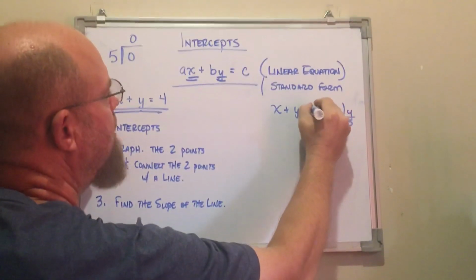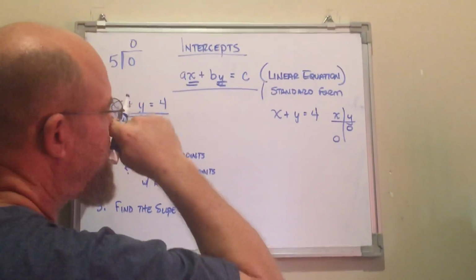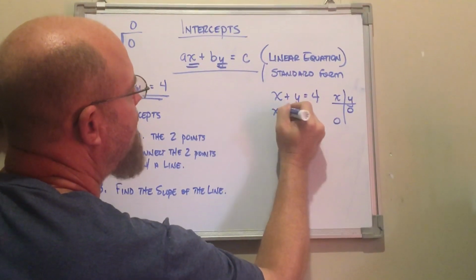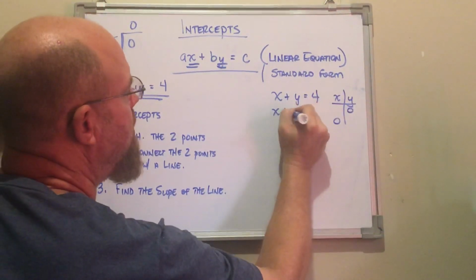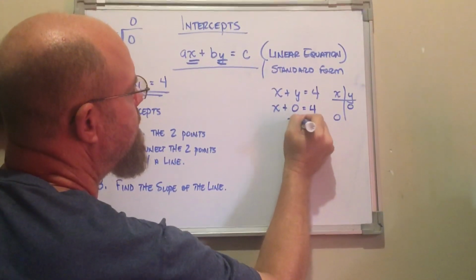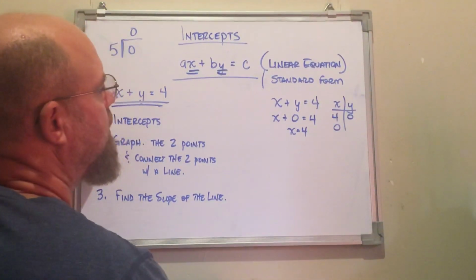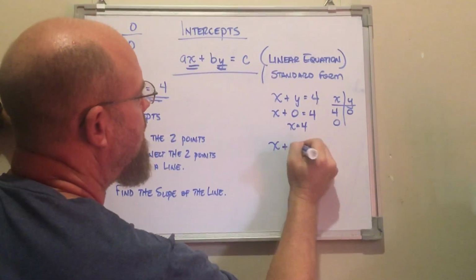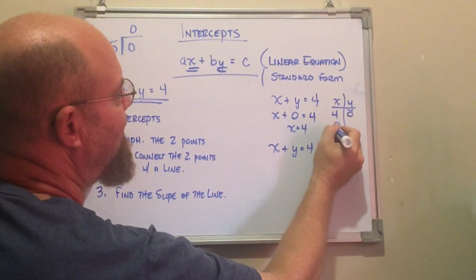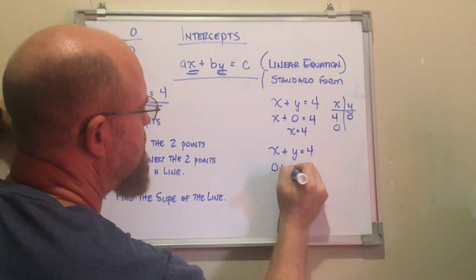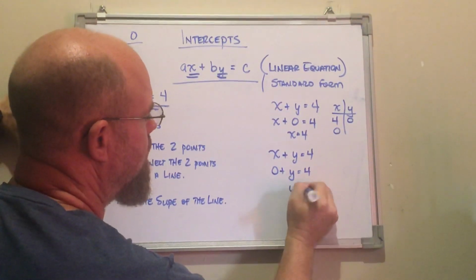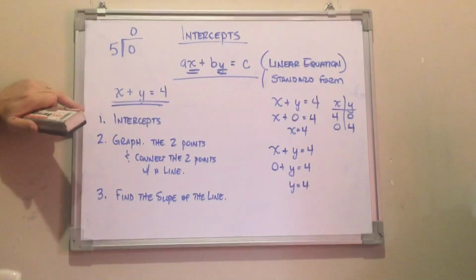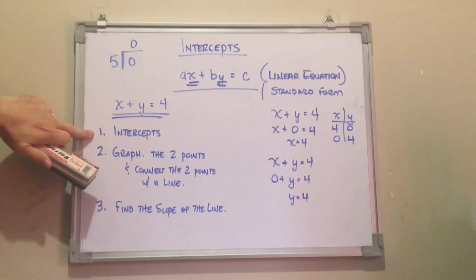So in order to find the x-intercept, I substitute y equals 0, so x equals 4. And then to find the y-intercept, I plug in x equals 0, so 0 plus y equals 4, therefore y equals 4. So the other point is (0, 4). Those are my 2 intercepts. All right, so I just found my intercepts.